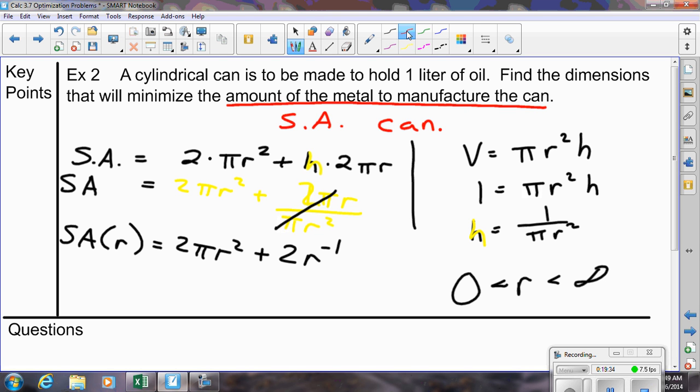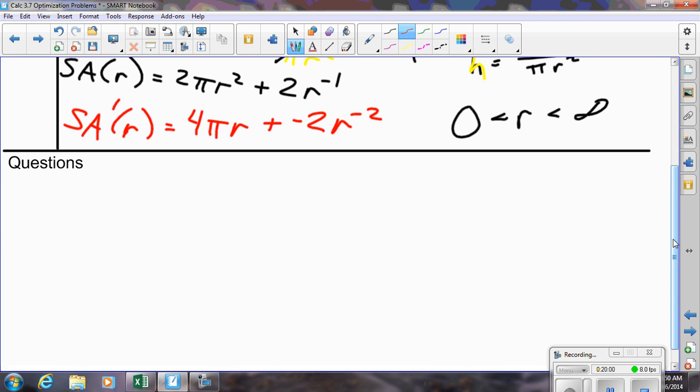Okay, so Jessica, coming back to what you said, take the derivative with respect to r. So that's 4 pi r plus a negative 2 r to the negative 2. And we want to know, where does the derivative equal 0?